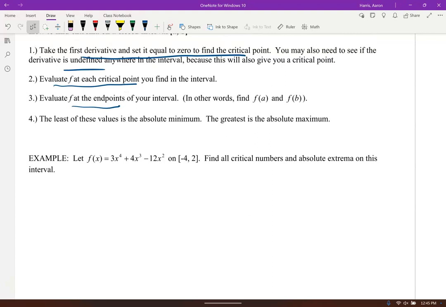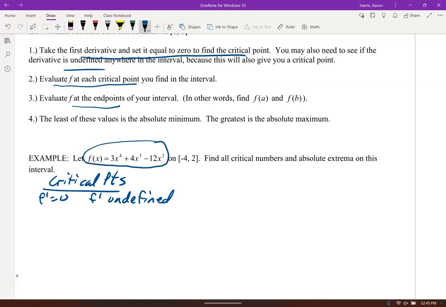Okay, here's our function. We've got a 4th degree function. Let's find our critical points. So where is the derivative equal to 0 or undefined, as long as it's defined in the original function, right? Here's our original function f of x.